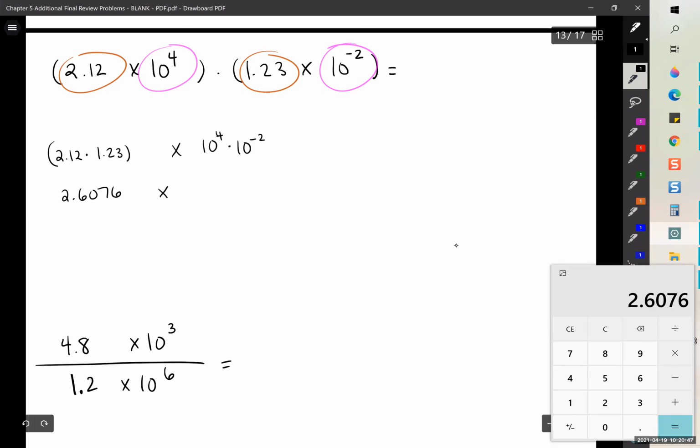Now here we're multiplying same base, so we know we add the exponents. 4 plus negative 2 is positive 2. So we should end up with this.